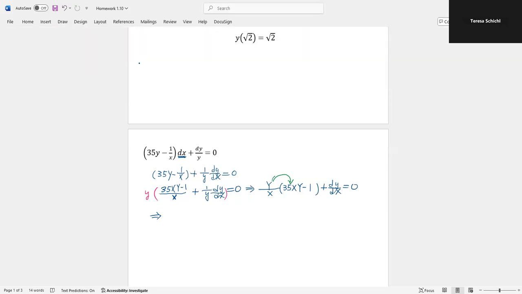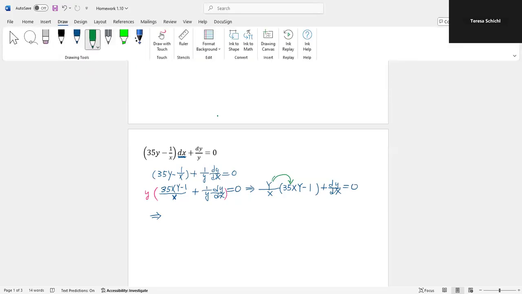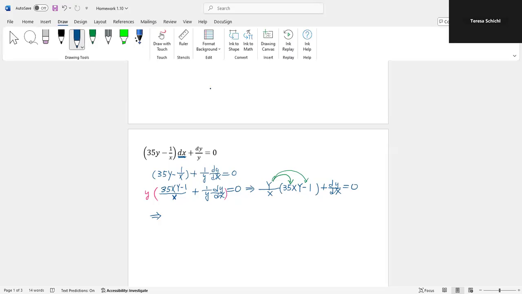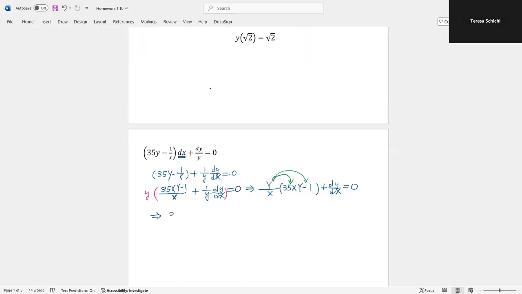All right, so then I will FOIL that out. Okay, so take a look here. For the first term, it is y over x times 35xy. So the x's can cancel, so my first term turns out to be 35y squared, right?